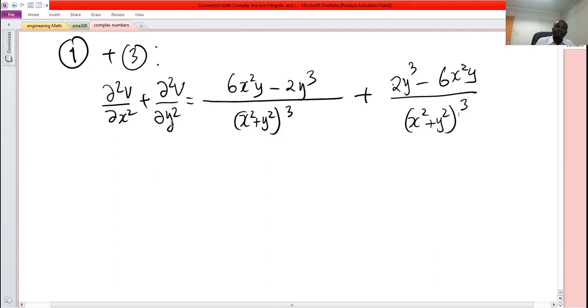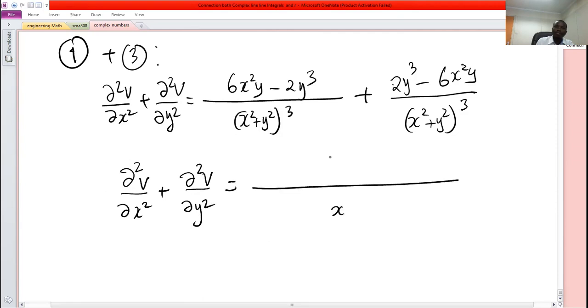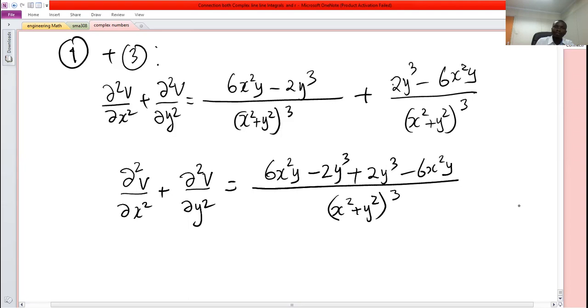So partial squared v partial x squared plus partial squared v partial y squared, the LCM of these two fractions is (x squared plus y squared) cubed. So 6x squared y minus 2y cubed plus 2y cubed minus 6x squared y.